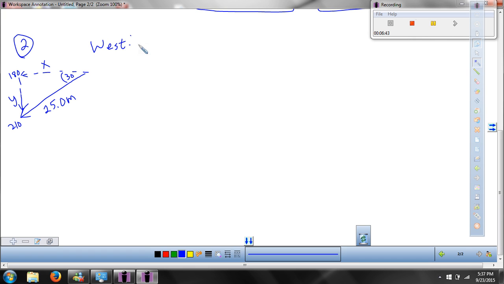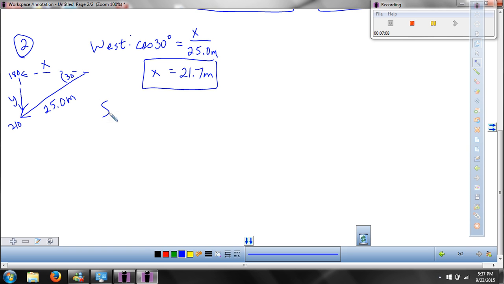Well, if I want to do the west, I'm going to say the cosine of 30 degrees is equal to x over 25 meters. So when I did that, that's 0.866 times 25.0. And when I did it on my little trusty TI calculator, I got 21.7 meters west. There's my west.